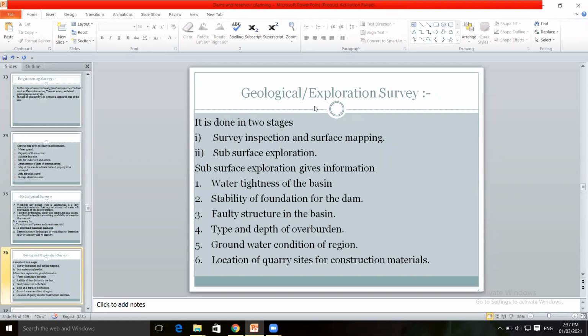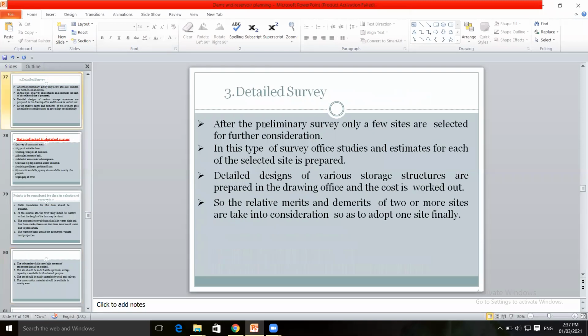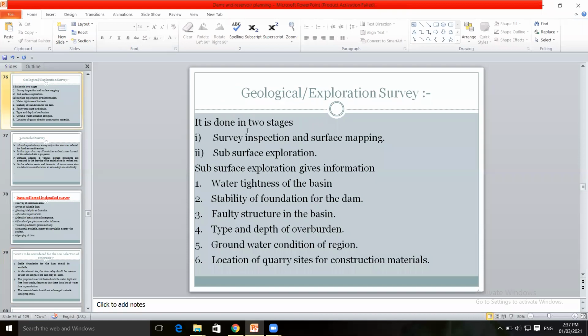In the third stage, geological or exploration survey is done. In this stage, geological features are studied, like faults, fissures, or any cracks present in that area in the reservoir site. That is studied. Type of soil is decided.